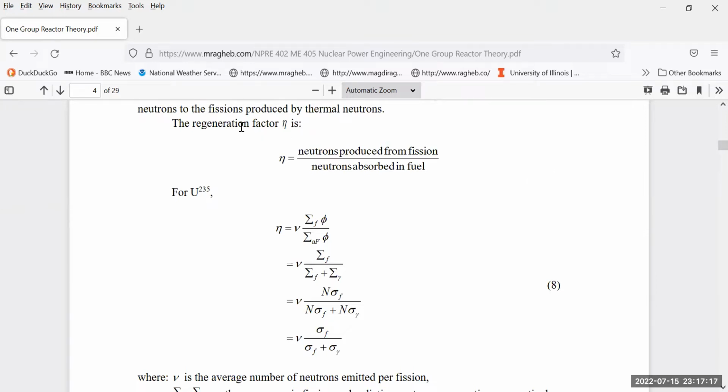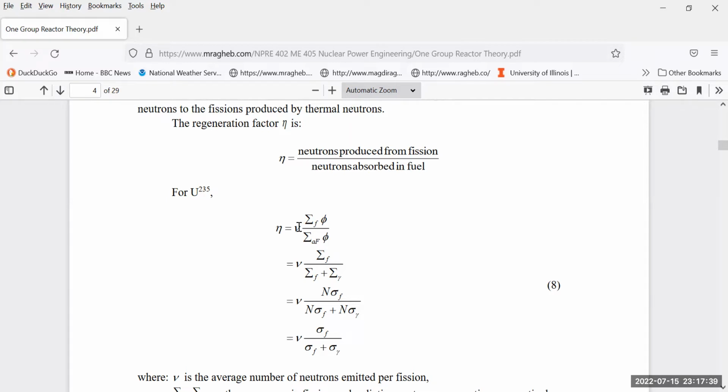The regeneration factor, designated as eta, the Greek eta here, is really the neutrons produced from the fission process relative to the neutrons absorbed in the fuel. And we can write this in terms of nu here. Nu is the average neutrons produced per fission event, 2 to 3 on the average.